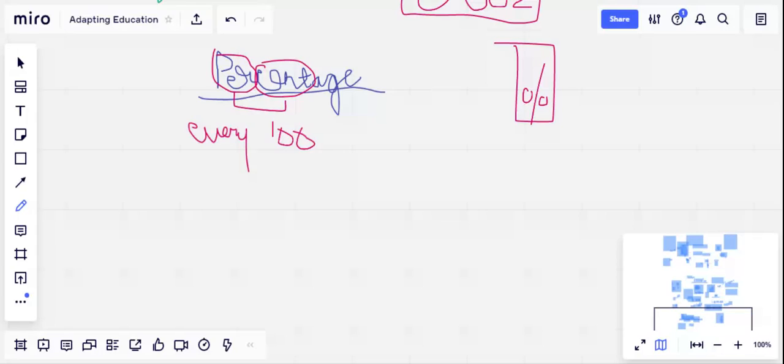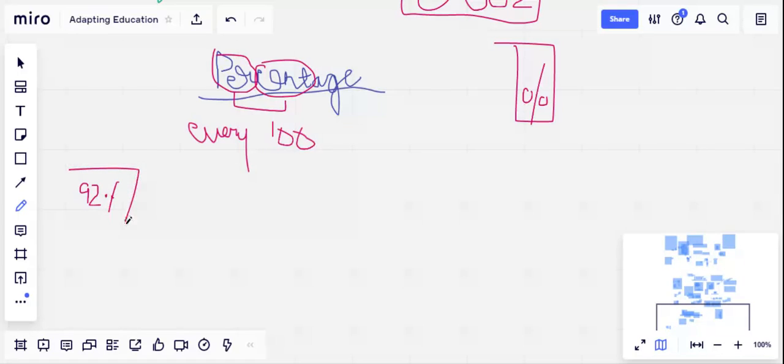Now how do we relate percentage with our fractions? Percentage consists of fractions. How does it consist of fractions? Let us solve a question for that. Let's say the percentage of marks you got in your final exams is 92%.